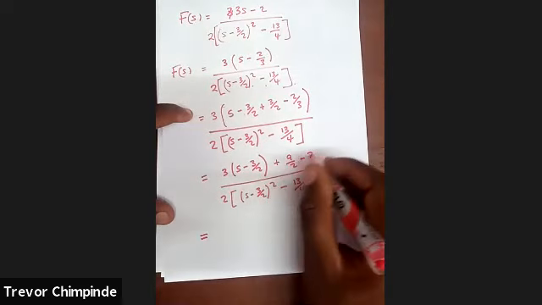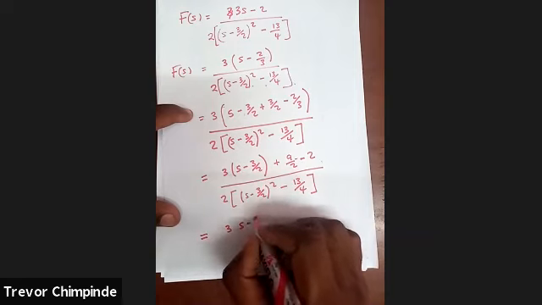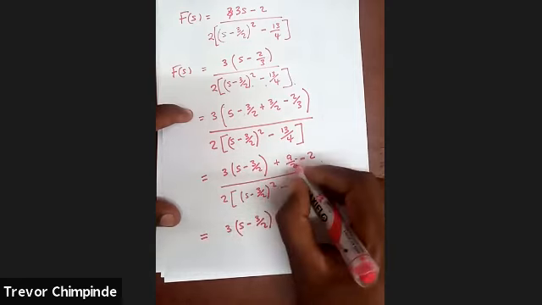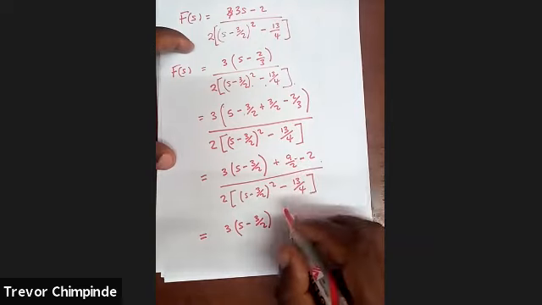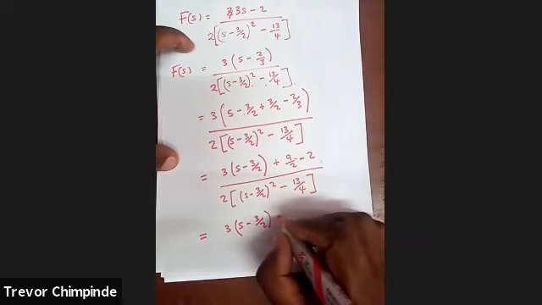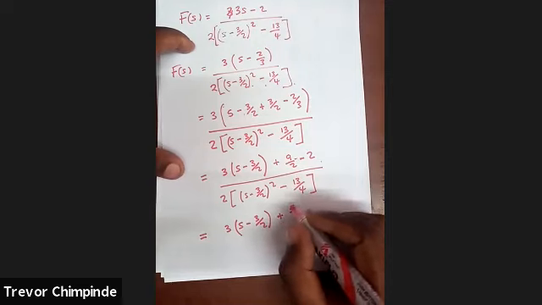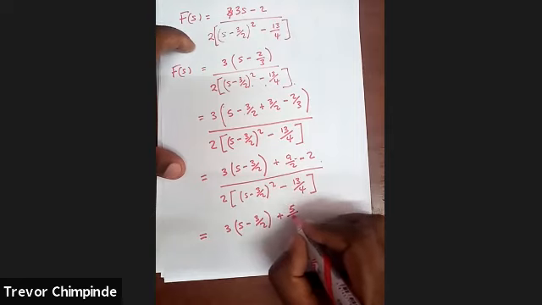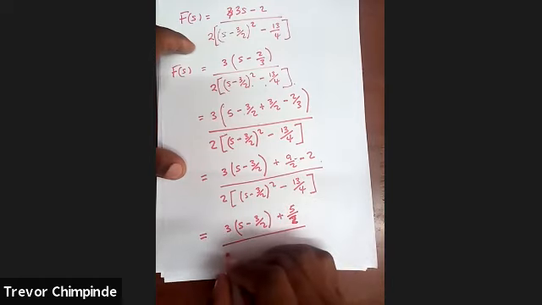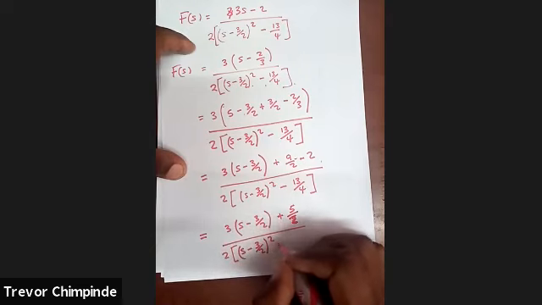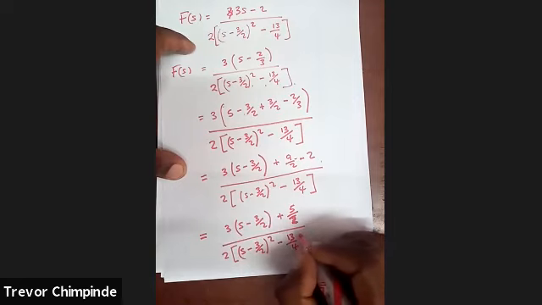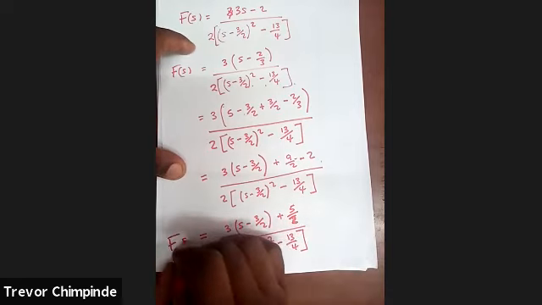Then just to get the difference here, 9/2 minus 2 is 5/2, so this will be plus 5/2, over 2[(s minus 3/2)² minus 13/4]. So this is your f of s.